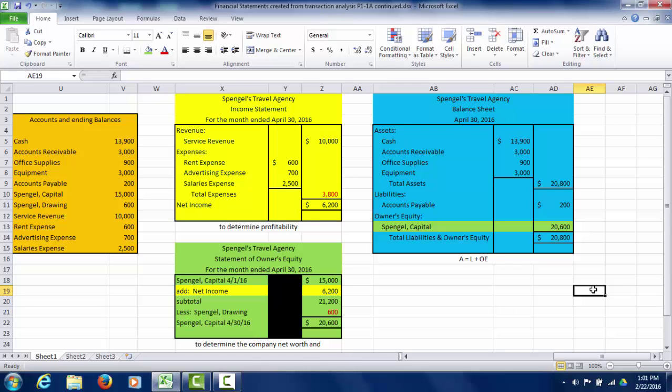Without an income statement or statement of owner's equity, we wouldn't be able to get our balance sheet to balance. We would be out of luck. We would have put the original 15 representing capital, and you could have seen 15,000 plus 200 does not equal 20,800. So you need all of these documents to work hand in hand with each other. So you always do the income statement first, you always do the statement of owner's equity second, and you always do the balance sheet third.